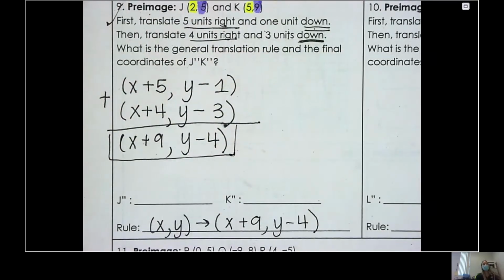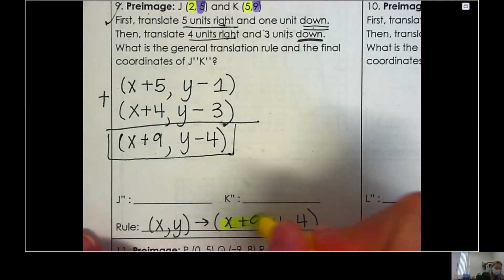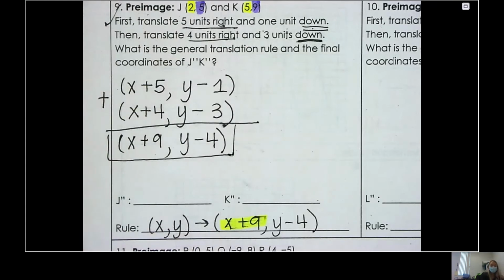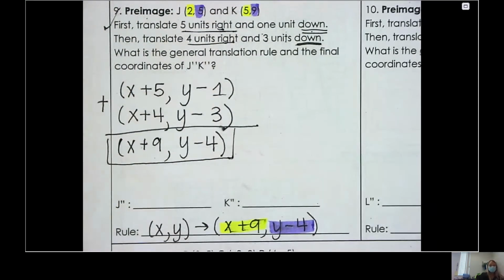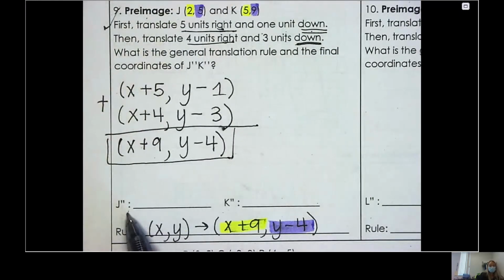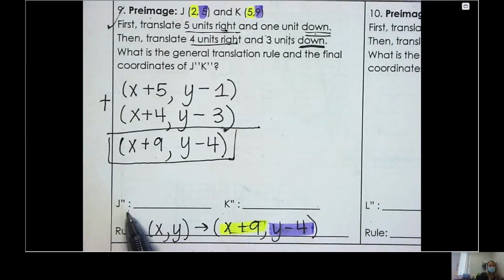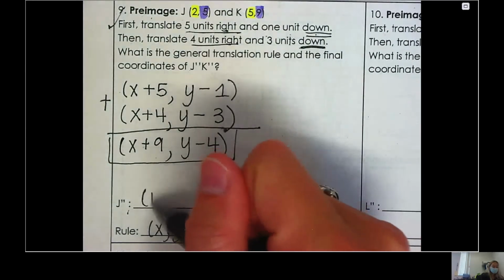And now I'm going to take my coordinates and I'm going to plug them in to that equation right there. So for my X's, I'm going to add 9. For my Y's, I'm going to subtract 4. So who can give me the coordinates of J double prime? 11 comma 1.